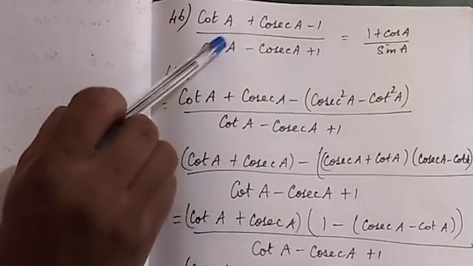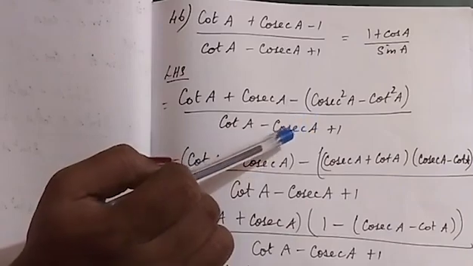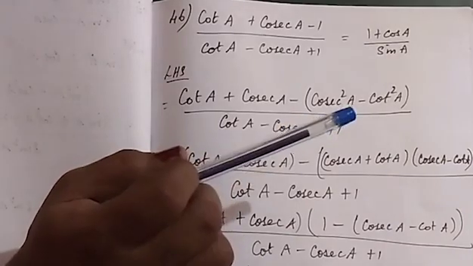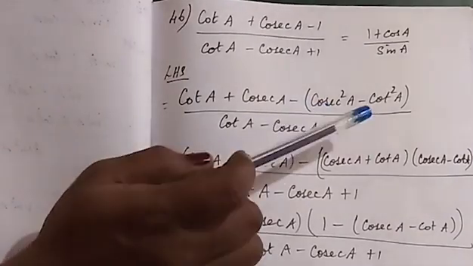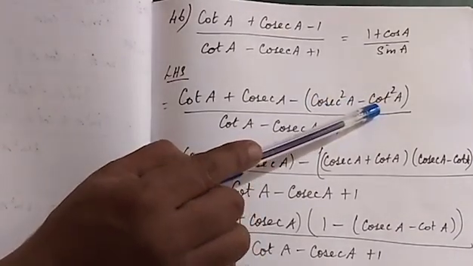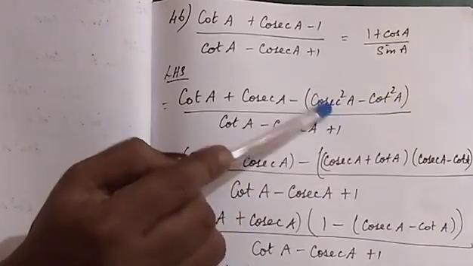Now, in this question, what is there? Cot and cosecant. So, we have to take cot and cosecant only. So, we will take cosecant squared A minus cot squared A is equal to 1. So, in the place of 1, what you will write?